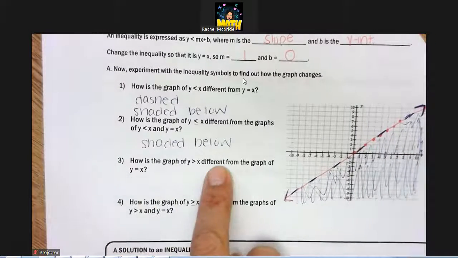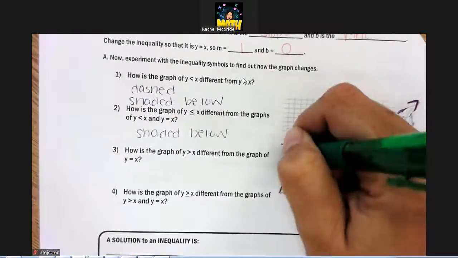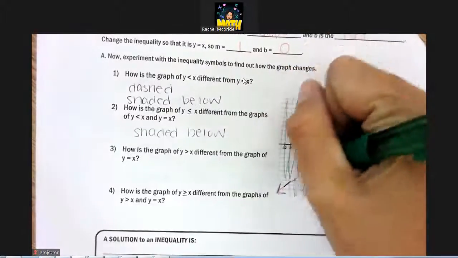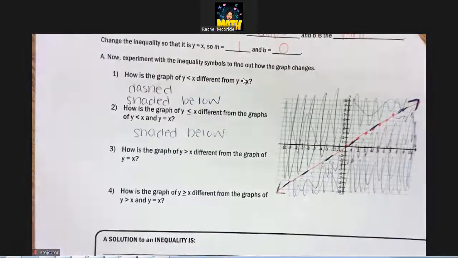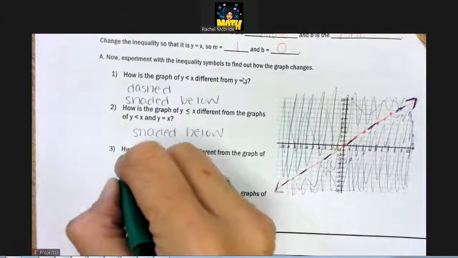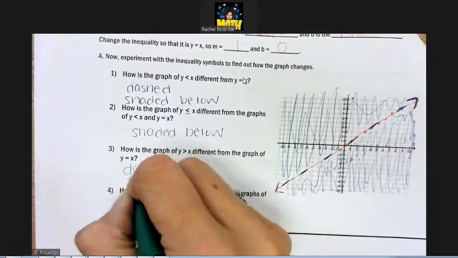If it was y greater than x, now we're talking about everything above. So the differences would be dashed and shading above.